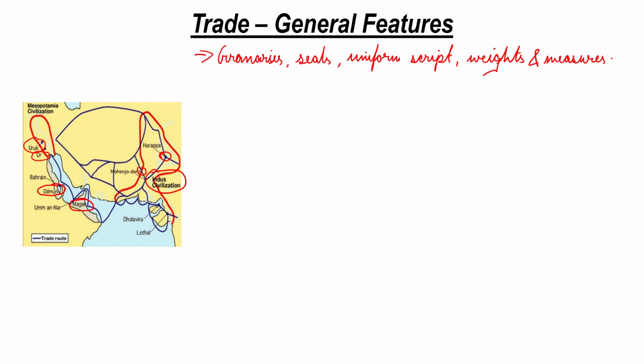So all these evidences suggest that there was a proper trade system. So Harappans traded both within India and Asia. So they had both internal and external trade. Starting with internal trade.